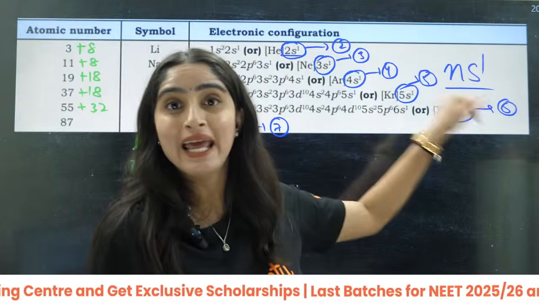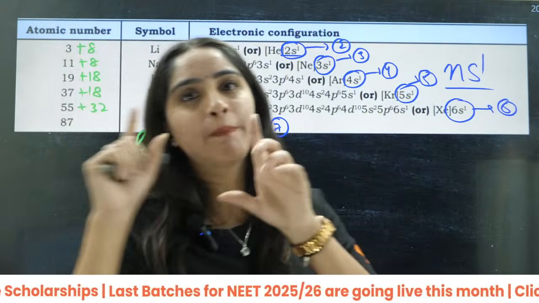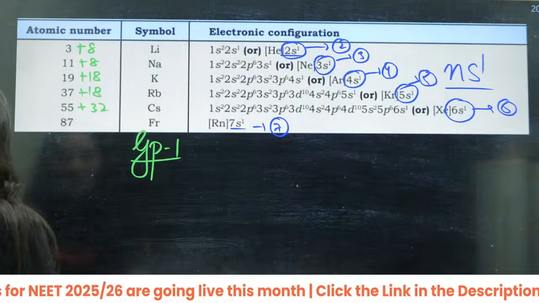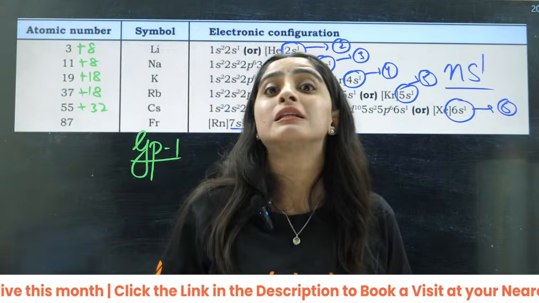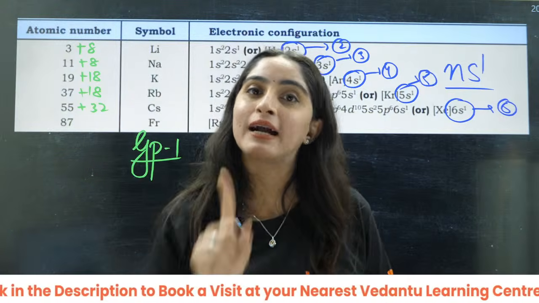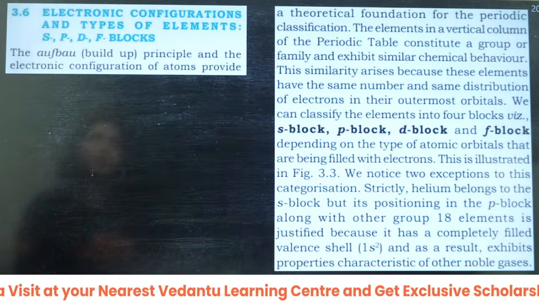That is why n is different, right? So basically, principal quantum number means period. Group means outermost shell configuration. Clear, bacha? Block: how do you calculate the block? The subshell in which the last electron is present, that is the block, right? That is the block. Okay, bacha?